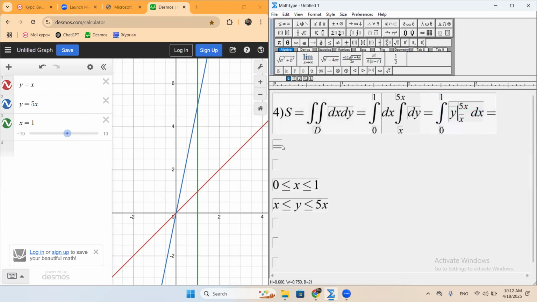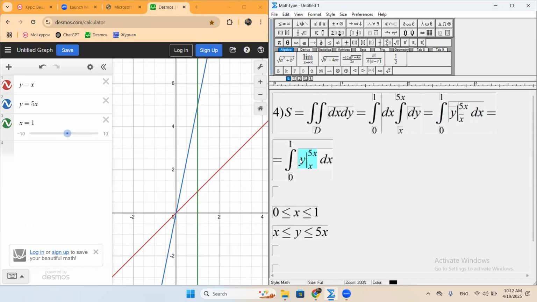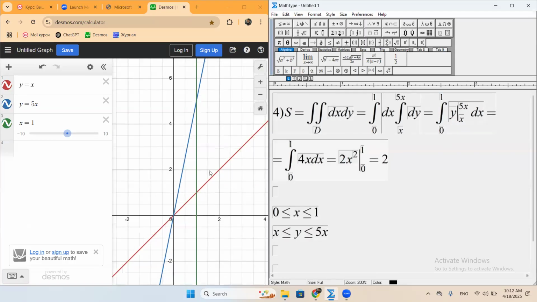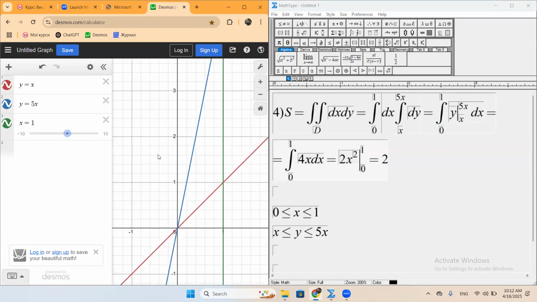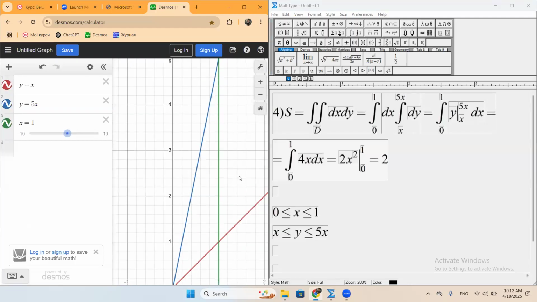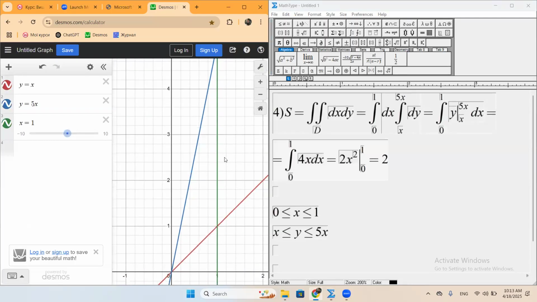So it will be equal 4x. And now we integrate this expression, so we will receive 2x squared with the substitutions from 0 to 1. So this is the area of the region. And if we look at the graph, it looks true.